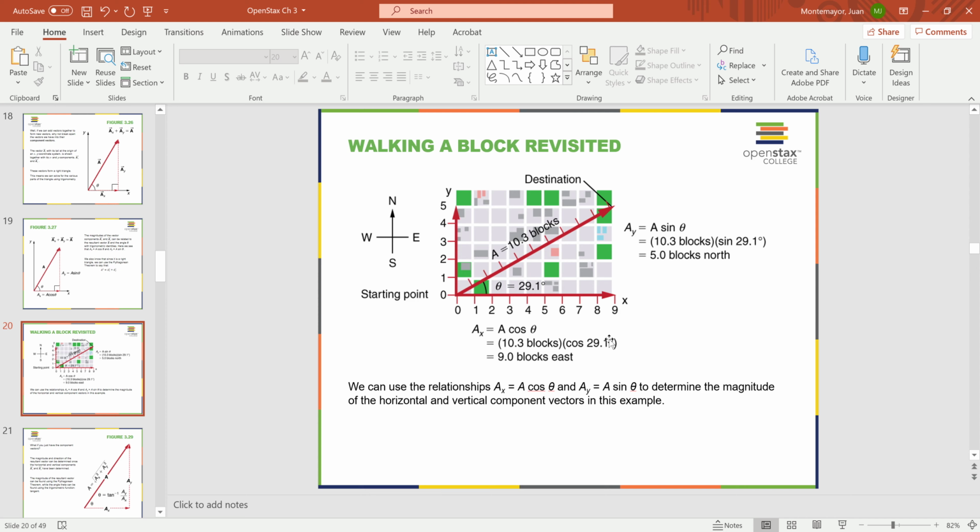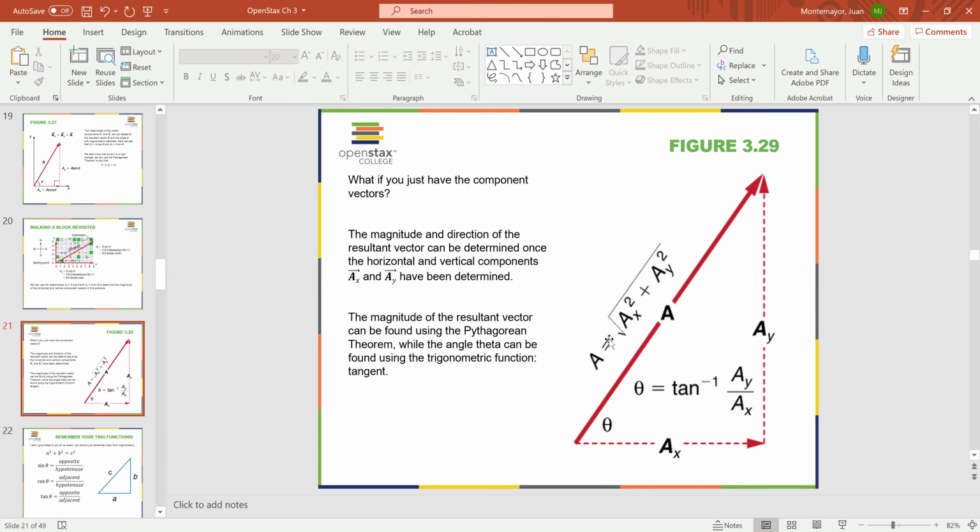So if you know your AX, AY, you can solve for your A. If you know your A, you can solve for your X and Y component. And your theta is also in here somewhere. For that, you need to know your AY and your AX, because to solve for your angle, you need to use this equation here.